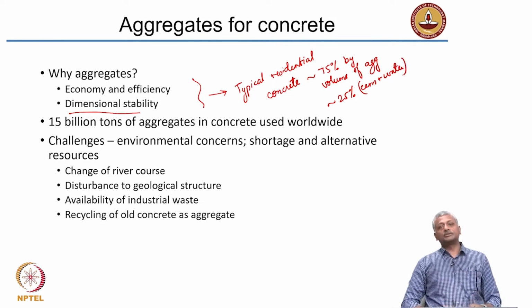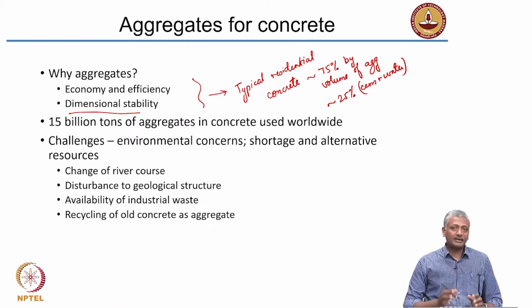So a large fraction of your residential concrete, low grade concrete, will typically be aggregate. And that's because such concretes are typically low grade, low strength, and they'll have a lot of problems with shrinkage. So more aggregate will prevent large amounts of drying shrinkage from happening. Okay, so aggregates are absolutely essential, otherwise the concrete will become very difficult to manage with respect to dimensions or with respect to the cost.